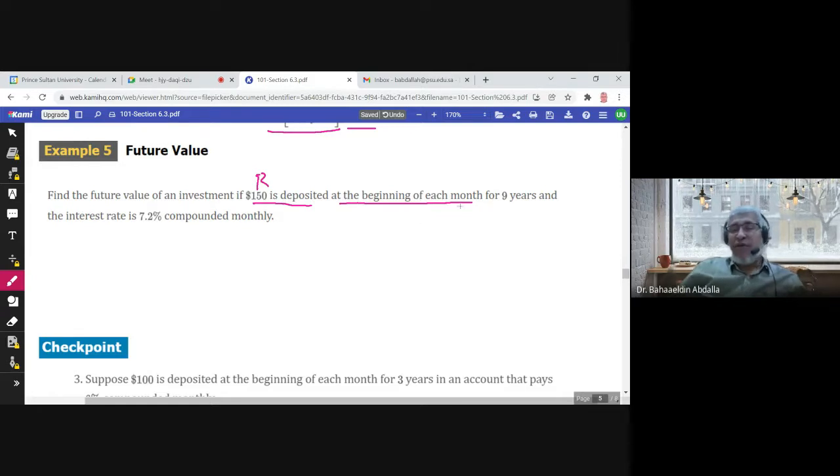So each month, how many times per year? 12. So the number of periods will be 12 per year times 9 years, which is 108. There are 108 periods. And the interest rate is 7.2% compounded monthly.